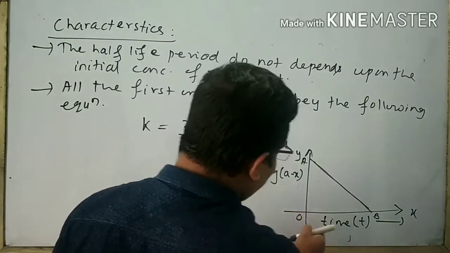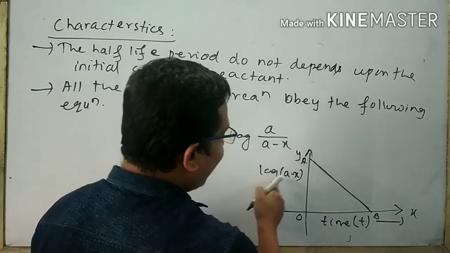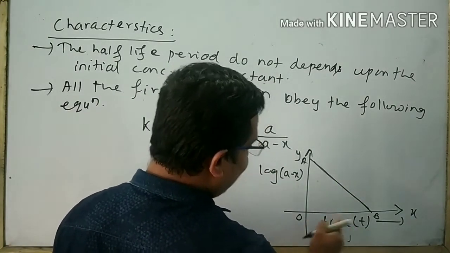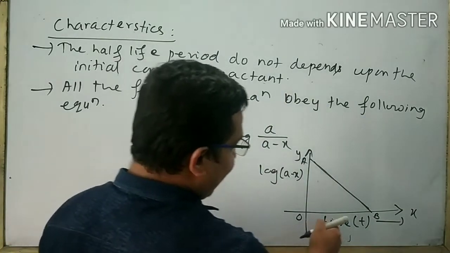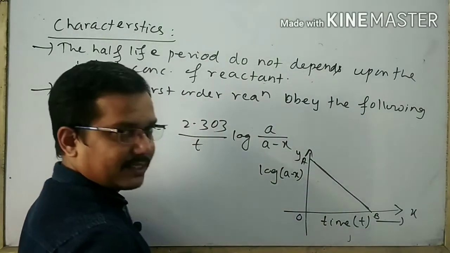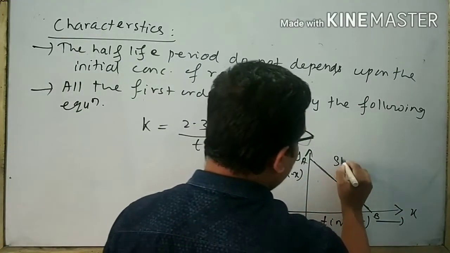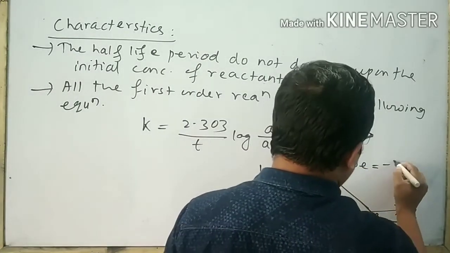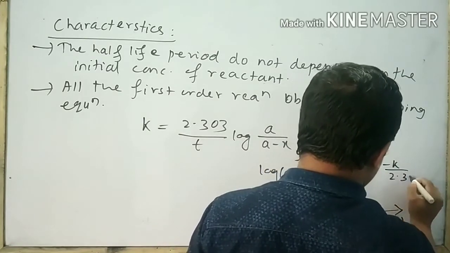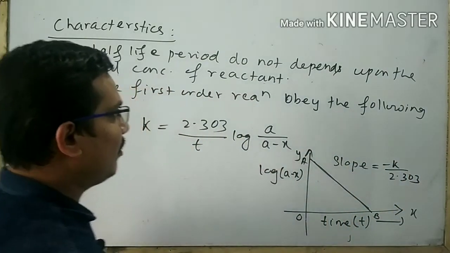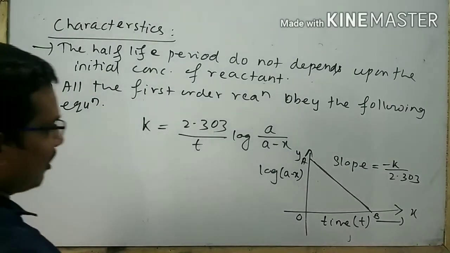If I plot the graph between log A minus x and time t, with time on the x-axis and log A minus x on the y-axis, then the slope is equal to minus k by 2.303. It can be proved with the help of this equation.